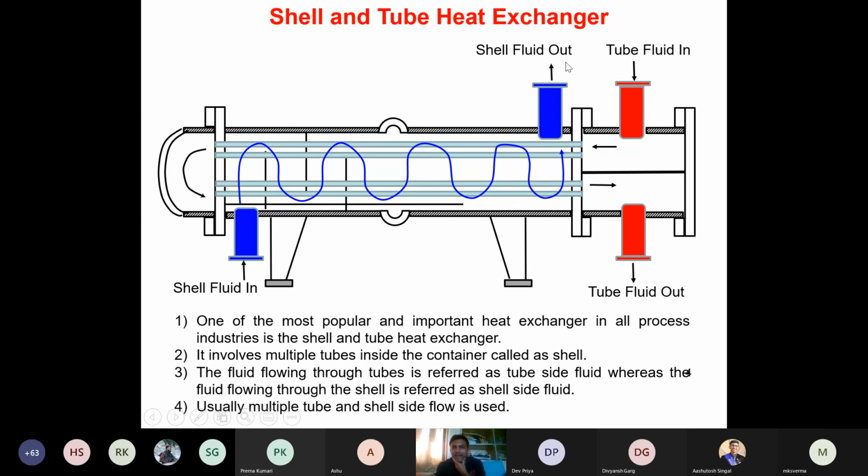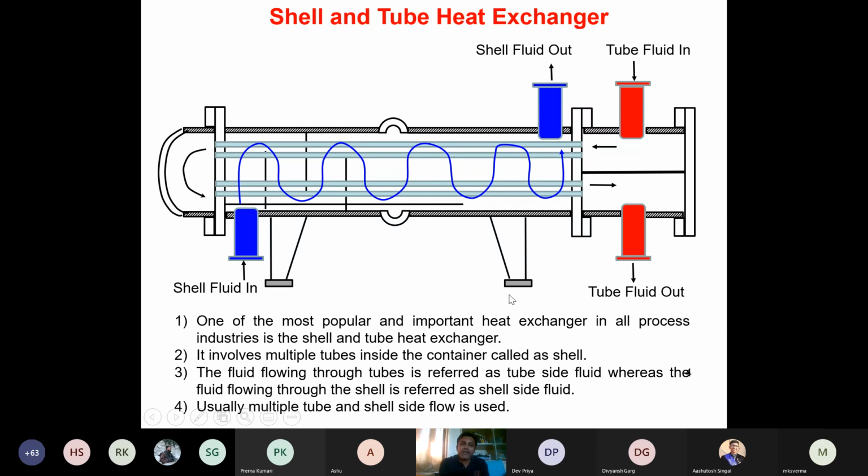Again, you can see here that one fluid is passing through the shell like this and coming in from here and coming out from the other end, whereas the other fluid is flowing in through the tube and coming out from this other end. Okay, so since multiple tubes are arranged in this heat exchanger, in this circular disc there are several tubes, and these are fixed inside the shell. So that is why it is called a shell and tube heat exchanger.